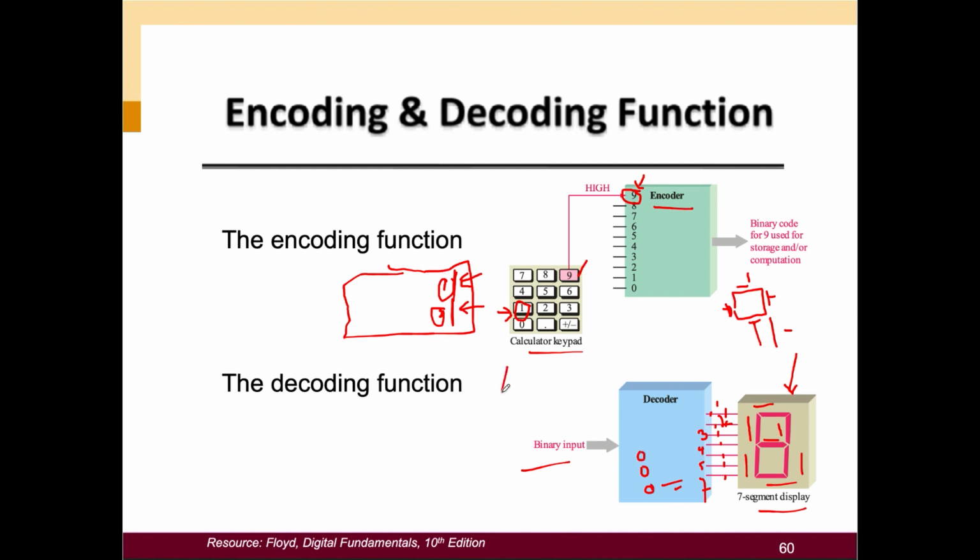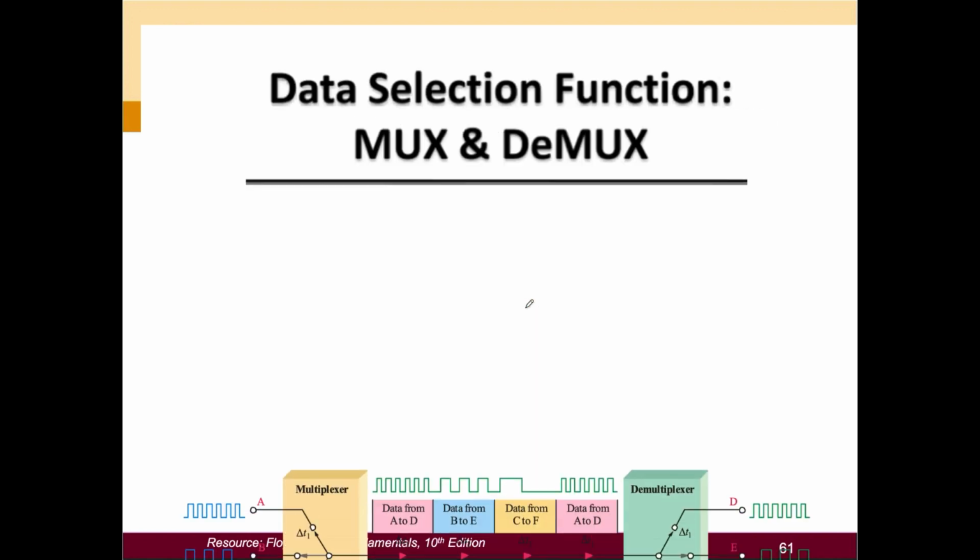That's why, if you press number 1, the rest are like this: input 0, input 0, input 0, input 0 and 0, and these two inputs of these pins are 1, or high. That's why you will get 1 on your 7 segment display.